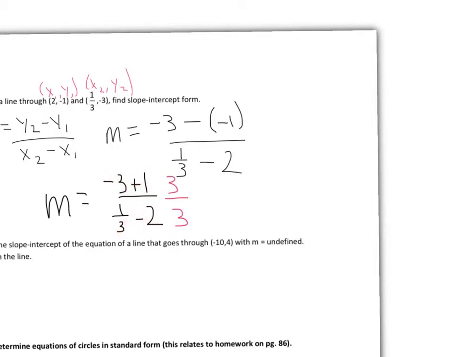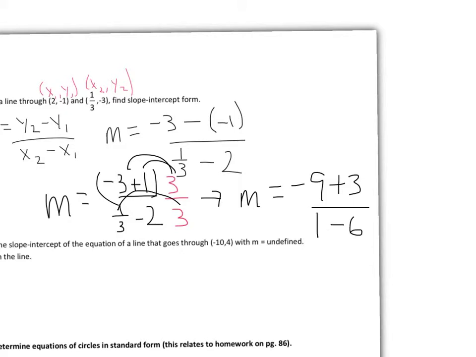Note, if these are all whole numbers, this is much easier. In any case, when we simplify, m equals, we distribute the 3 into both. It's like parentheses, so we have negative 9 plus 3 divided by 3 distributed in there. It's in the numerator, so that cancels to be 1 minus 6. Okay, now we simplify, starting to run out of room.